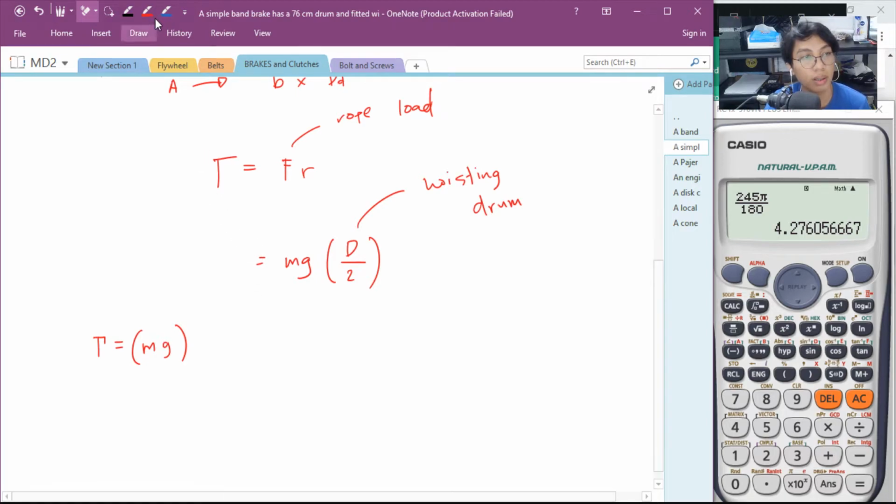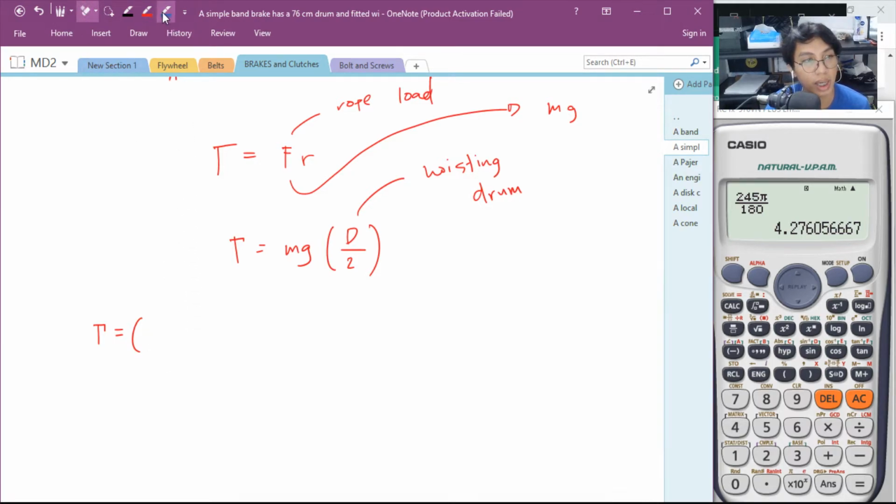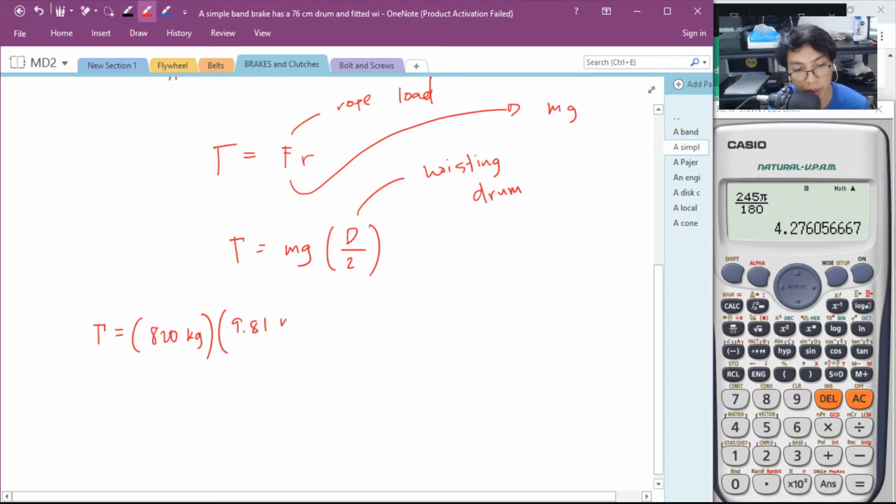This is the torque. Yung force is mass times gravity. mg D over 2. Ngayon, pwede natin simplify ito. What is the mass? 820 ata nakalagay dyan. 820 kilograms, multiplied by gravity, 9.81 meter per second squared para maging Newton.